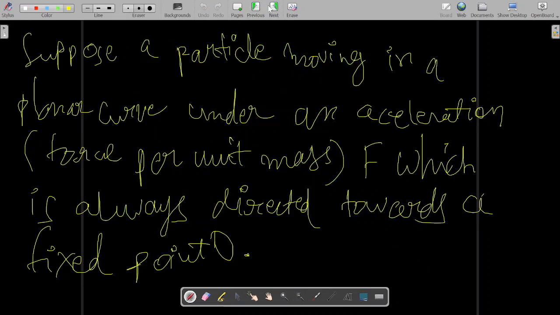So let's erase this. Towards a fixed point O, let OX be the initial line.